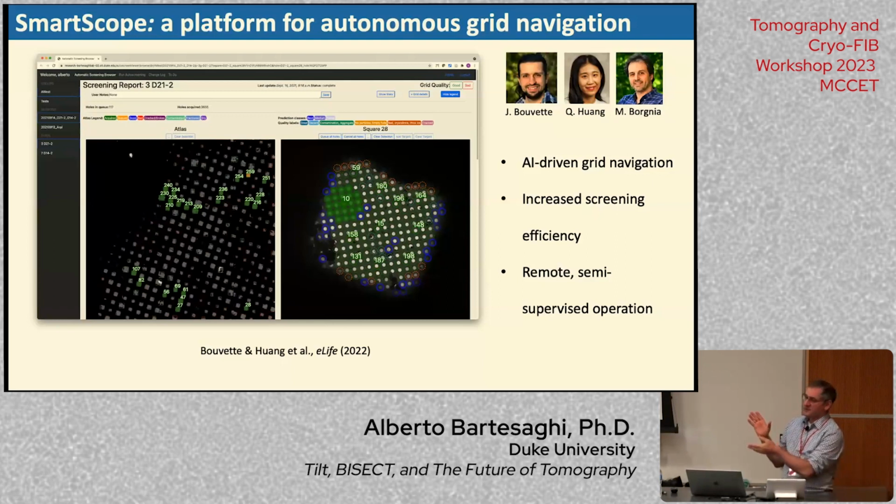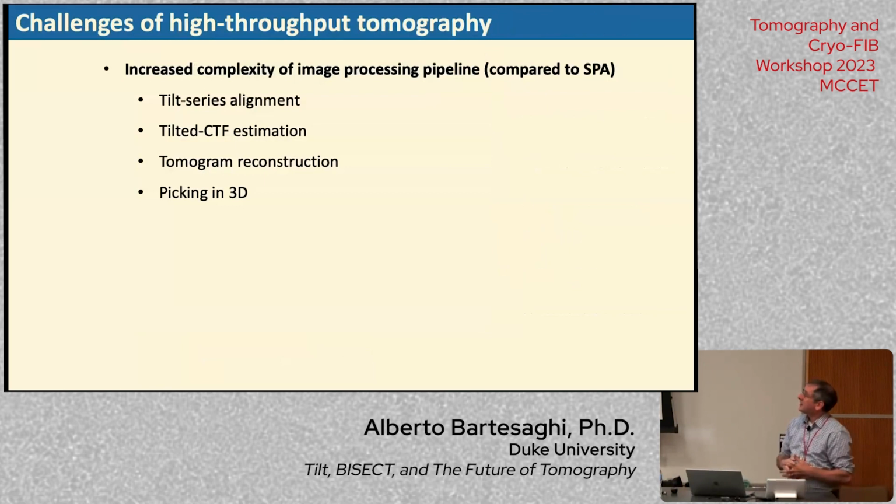Tools like this are also available from other groups, and also from Thermo Fisher and others. And I think when you combine this very efficient screening that you can do, like remote operation, semi-supervised, together with high throughput data collection, it really is going to give us the data we need to feed into the data processing pipeline, which I'm going to try to talk about next.